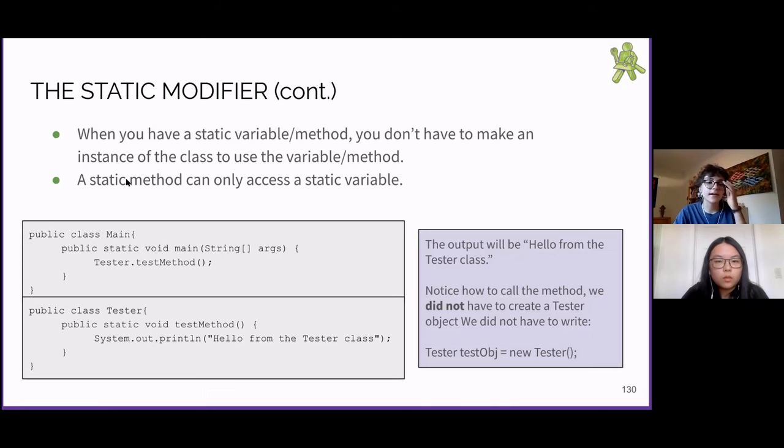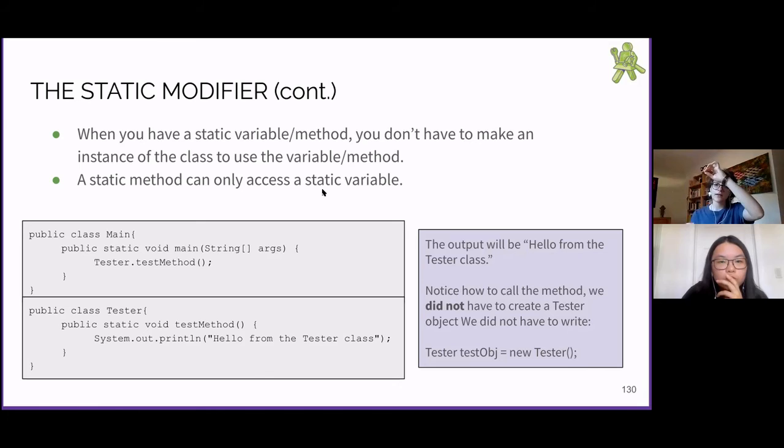Yeah, exactly. So a static method can only access a static variable. Sometimes you will make a method and you'll get an error saying we can't access an instance variable from a static method. Static methods can only access static variables. Instance methods can access everything.